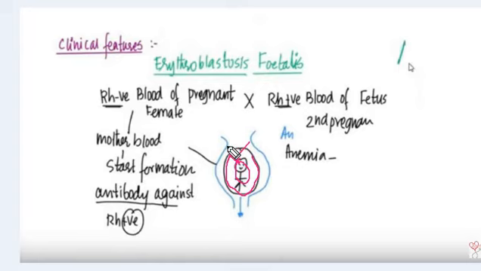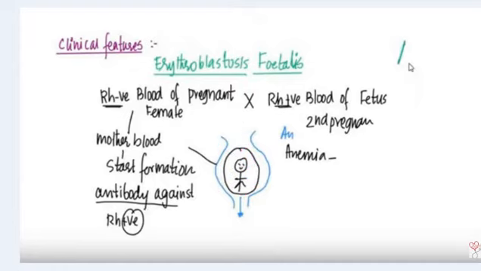Here the mother's blood is Rh negative and the fetus's blood is Rh positive. Then the mother starts formation of antibody against the Rh positive blood.